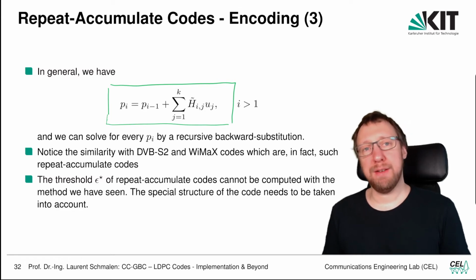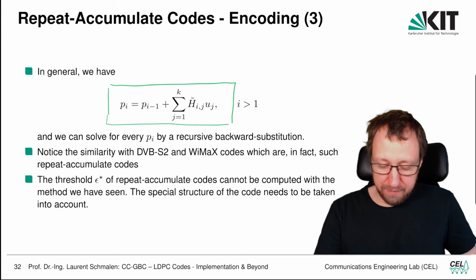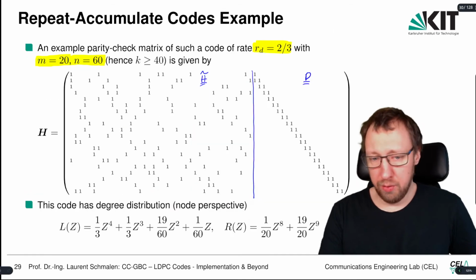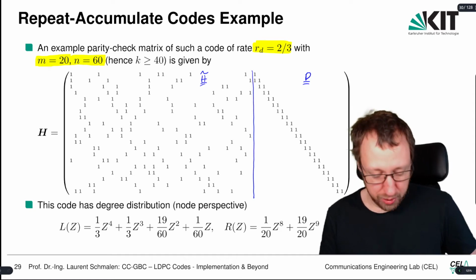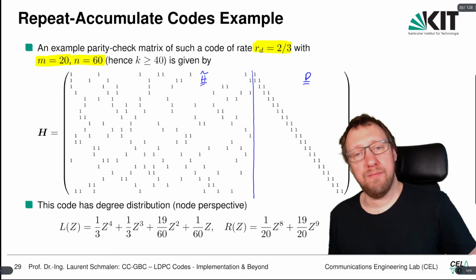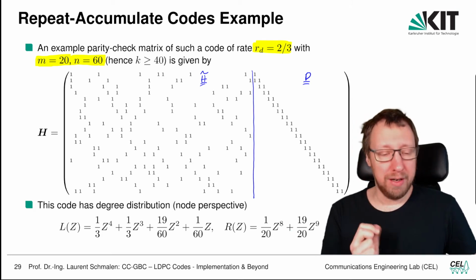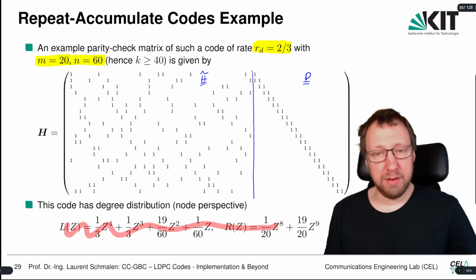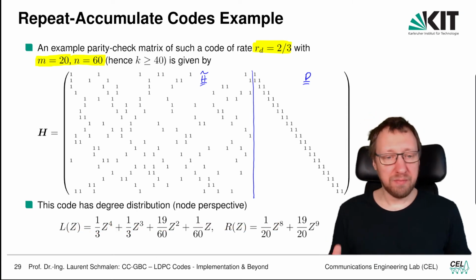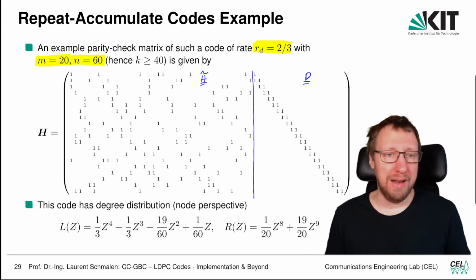So now how do we get the threshold of a repeat accumulate code? The threshold cannot be computed. In theory, we could take this degree distribution and calculate its threshold. But then we would see that the code actually behaves differently than this threshold, because the code is not random.